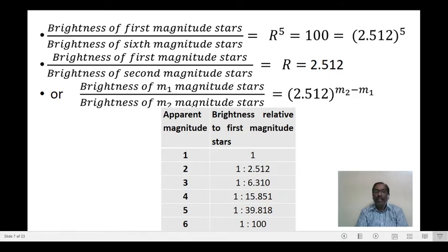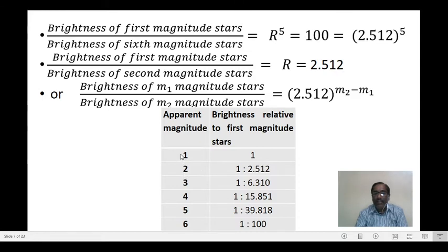In general, brightness of M1 magnitude stars to brightness of M2 magnitude stars is equal to 2.512 to the power of M2 minus M1.